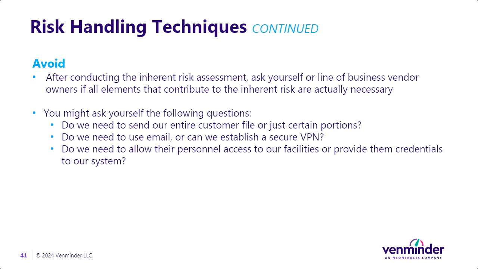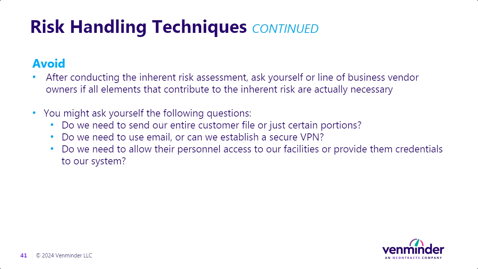You've conducted the inherent risk assessment, and it's just not acceptable to your organization after you have determined the controls that the vendor has are not adequate enough. It's not within your risk tolerance. However, it might not be an option to just avoid it if you want to remain competitive.